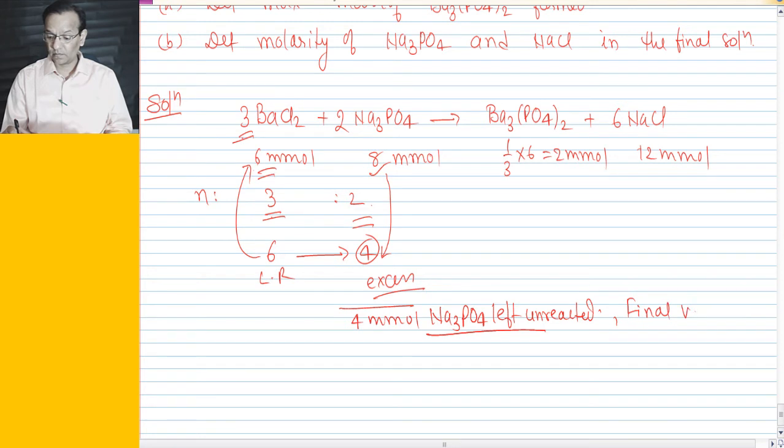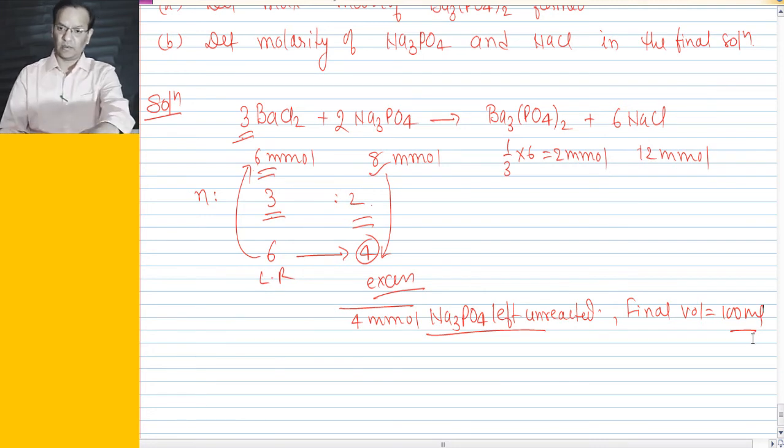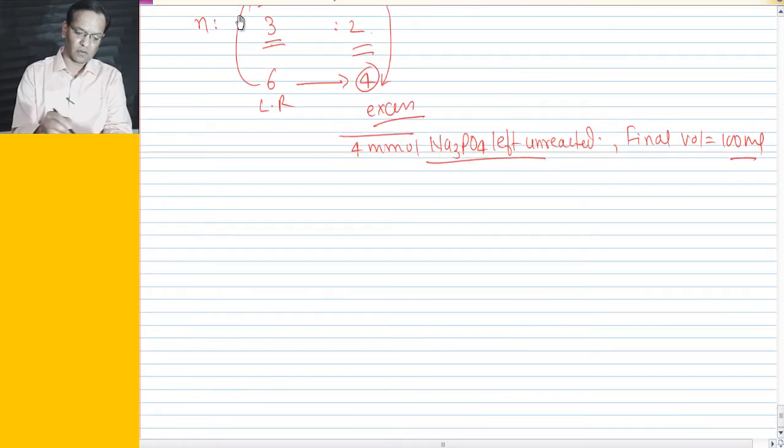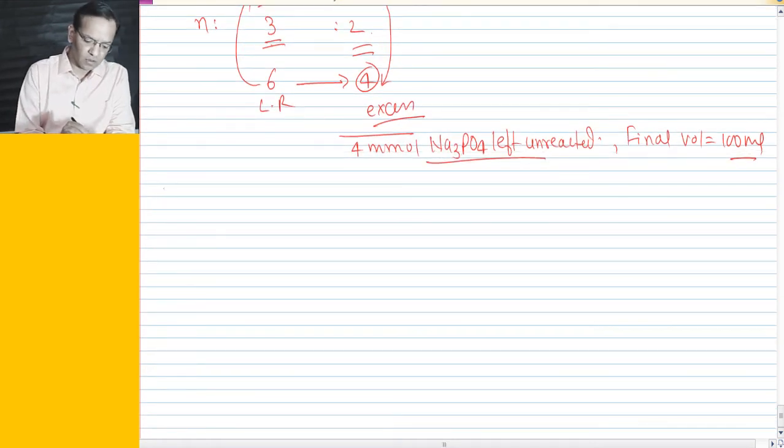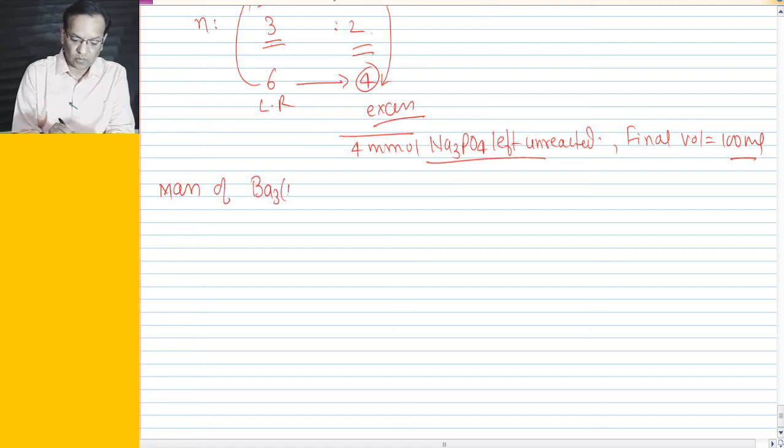Final volume is 100 ml, 60 plus 40. Now everything is done, we just have to do some multiplication. So mass of barium phosphate, Ba3(PO4)2, will be equal to 2 millimole we have produced.